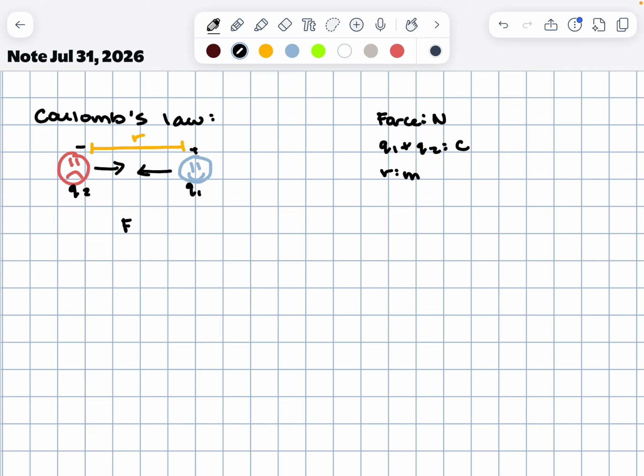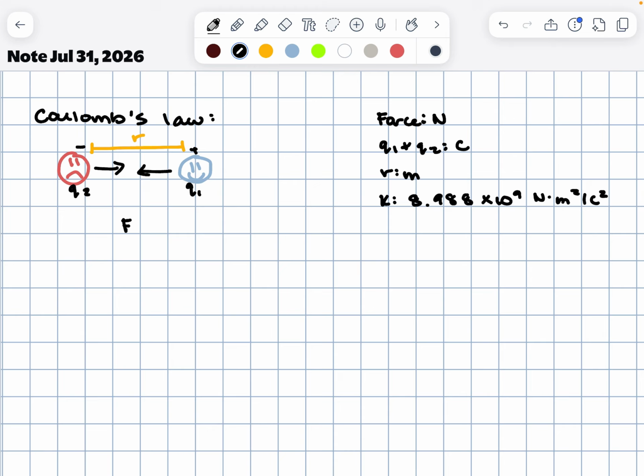And then one last variable is Coulomb's constant. Sometimes I look up constants when I don't remember them, I will admit. And this one comes up as 8.988 times 10 to the 9th. So our constant is 8.988 times 10 to the 9th, and then it's like newtons times meters squared per coulomb squared.